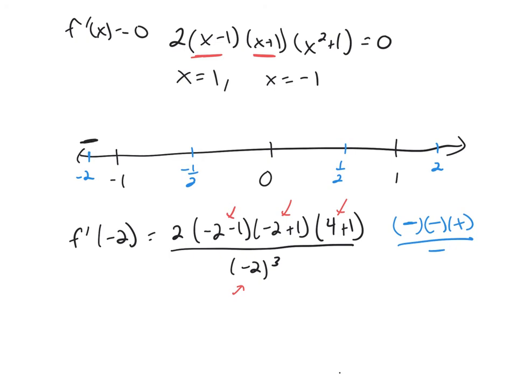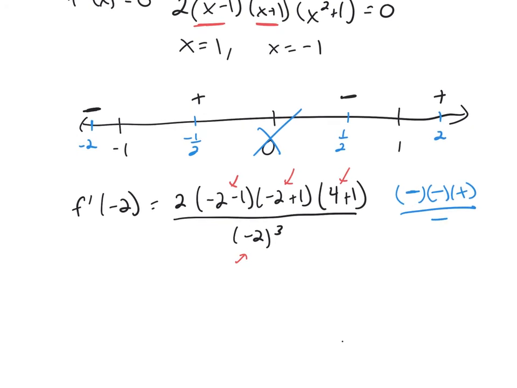And you're going to repeat this for the other test numbers. If you plug in negative 1/2, you should see that it's positive. 1/2, it'll be negative. 2, it'll be positive. And so remember that 0 is not a critical number. Your function's not defined at 0.